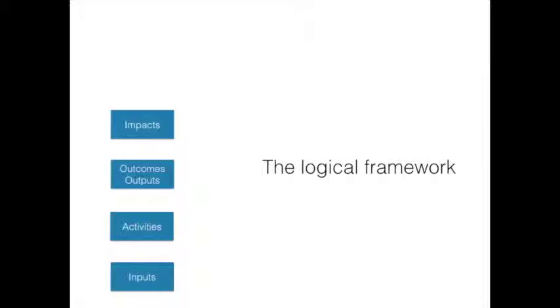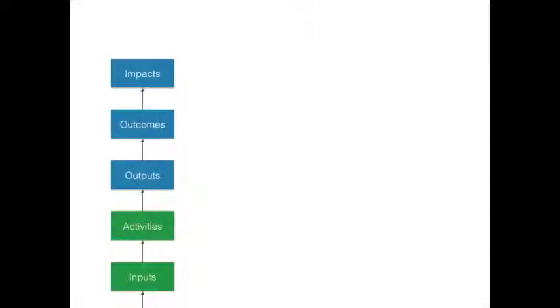So in our case here, let's develop the logical framework. You can read the logical framework from the bottom to the top. At the beginning you have the inputs: the human resources and the budget allocated. You have the activities, which is what we do with that budget and resources.